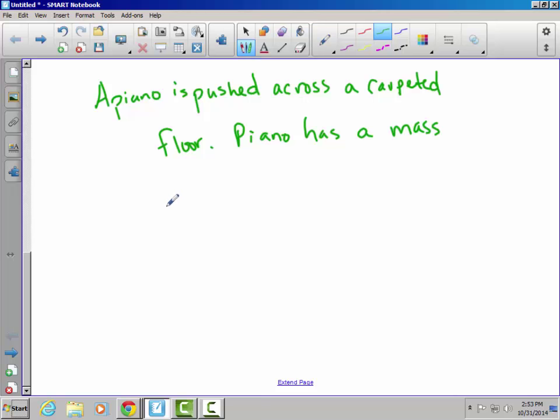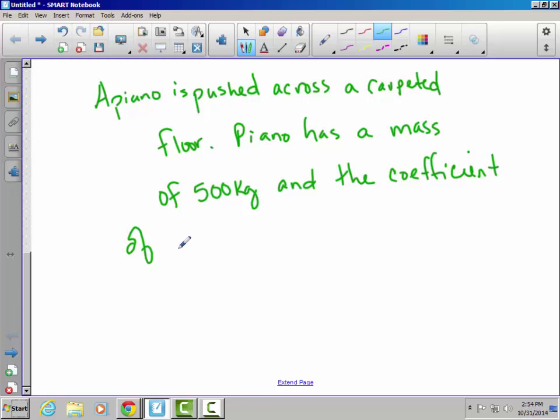Let's say a mass of 500 kilograms. And the coefficient of friction, let's say kinetic, let's say it's already in motion. And the coefficient of kinetic friction is 0.4.